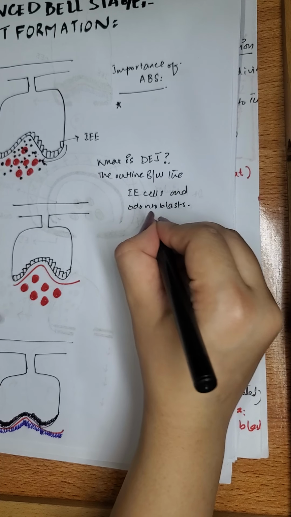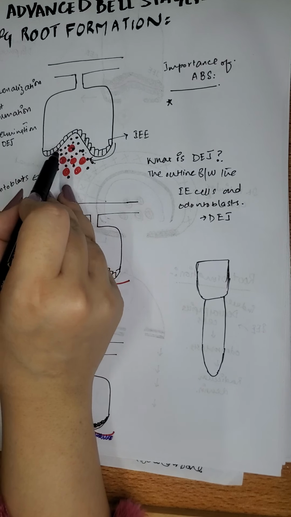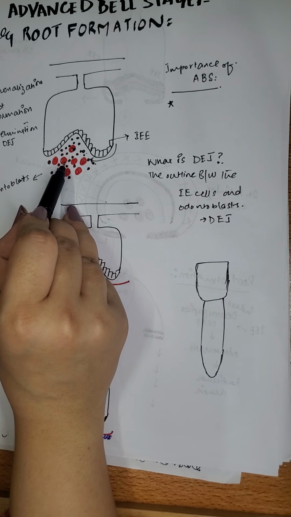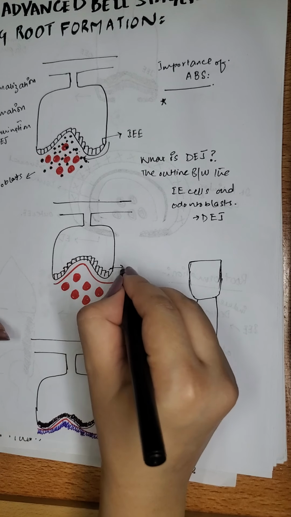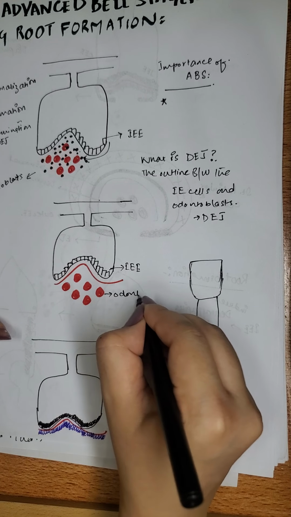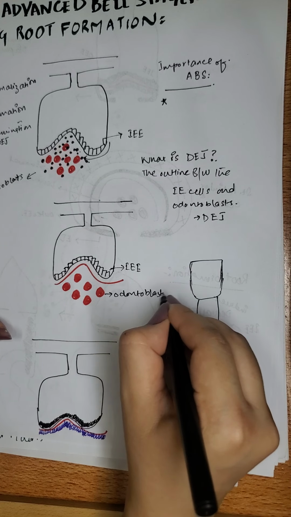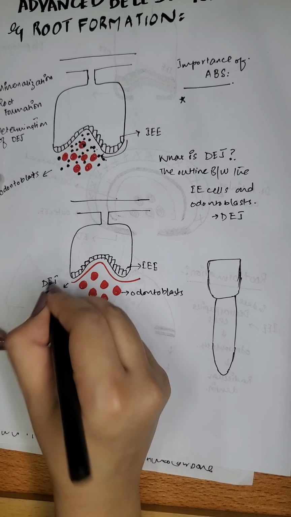Alright, this is the dentino-enamel junction. These were the inner enamel cells, and the reddish ones are the odontoblasts. The outline forming here between the inner enamel cells and the odontoblasts, this reddish layer, is known as the dentino-enamel junction.